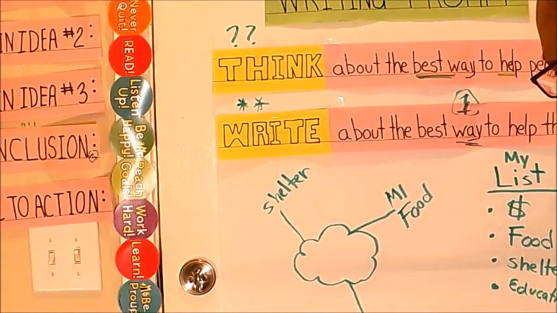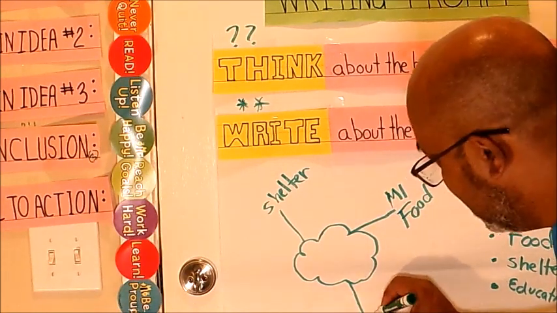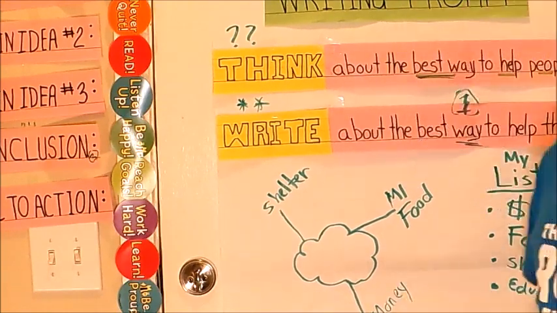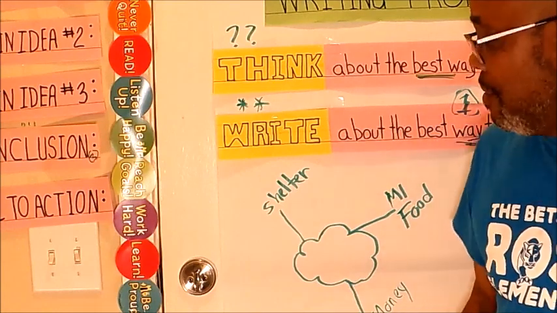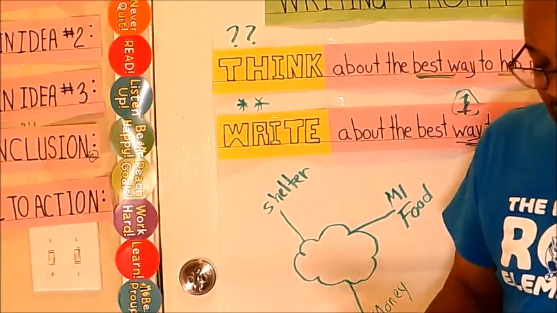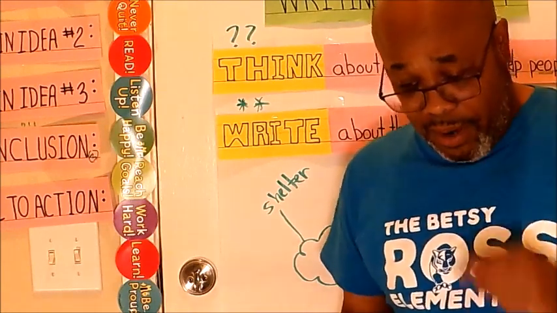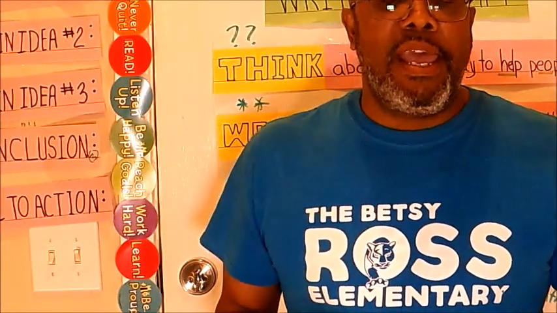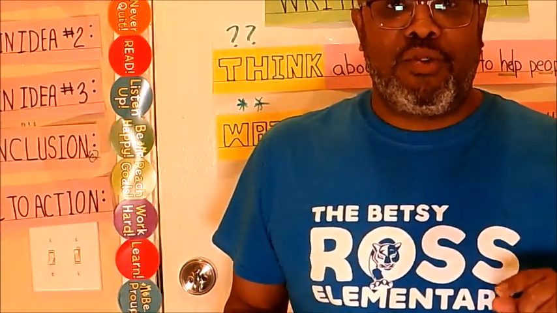And then the last, I'm going to go with money. Money helps a lot of people who are sick in need. So that is how you break down the problem. Now, what I would like for you to do is take your graphic organizer, take what you just broke down, and make for me your first draft.